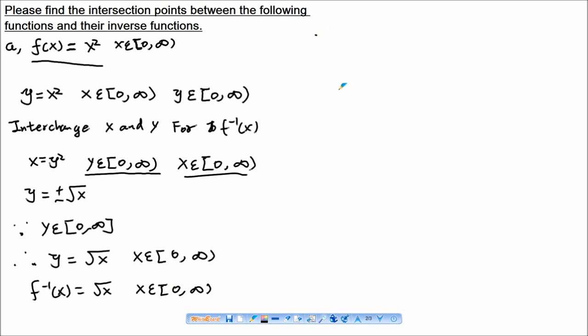Now I have the equation of the function and the equation of the inverse function. Now I need to find the intersection points.